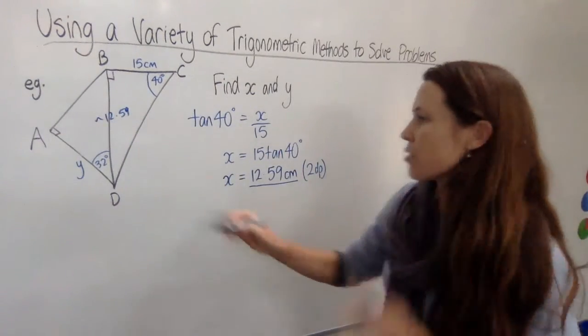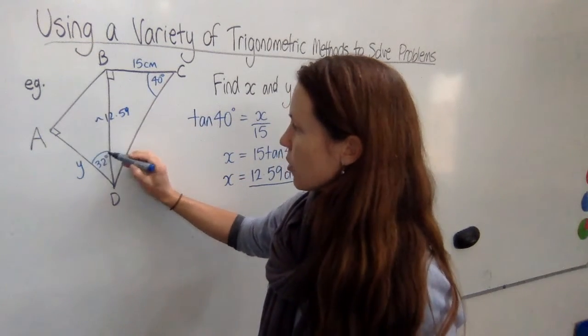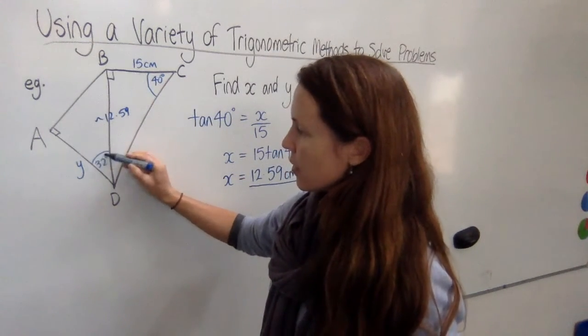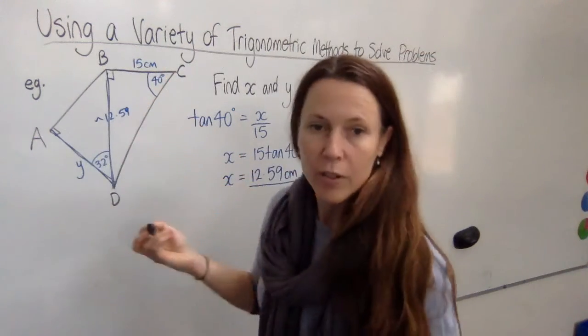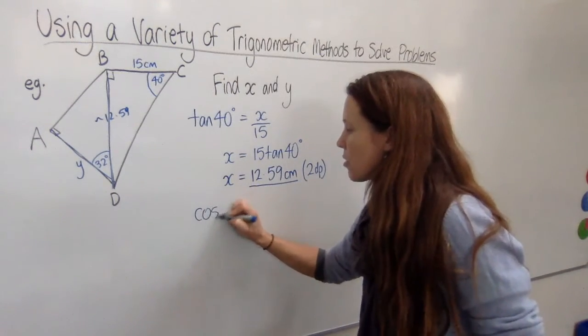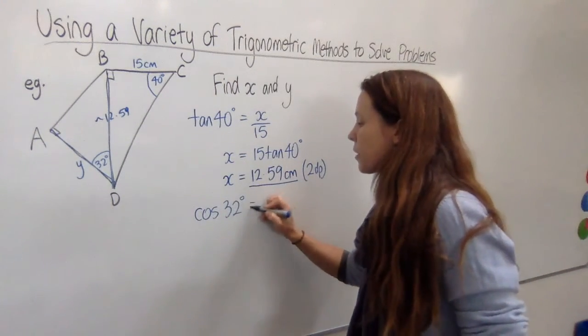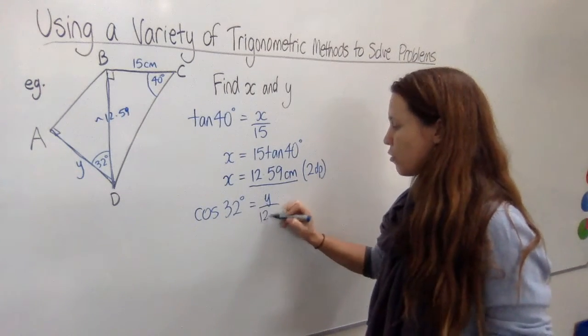So in the next part now, to find y, if we know this length and we have our 32 degrees, then what we have relative to the 32 is we have the adjacent side that we're interested in, and we now have the hypotenuse. So adjacent hypotenuse is cos. So we can write cos of 32 degrees equals adjacent, which is y, over our 12.59.